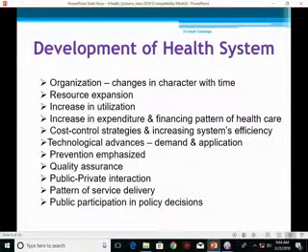Then we look at the development of the health system. We need to have an organization which will change from time to time depending on the needs of the country. In terms of development, you can't have a static system. With time, things change. So therefore, we need to develop the health system. That is what we call development of the health system. So we need to change the organization from time to time.